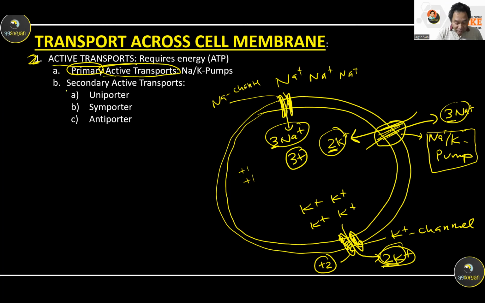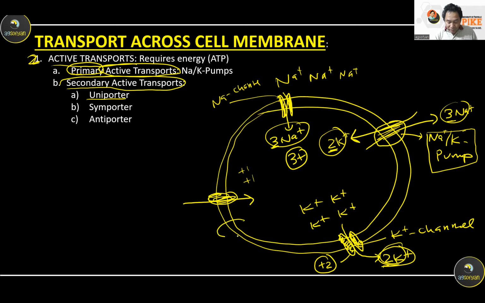The second one is called the secondary active transport. This is the movement of molecules also using carrier proteins, from lower to higher. Remember, lower to higher. If it is only one movement like this, it's called the uniporter.